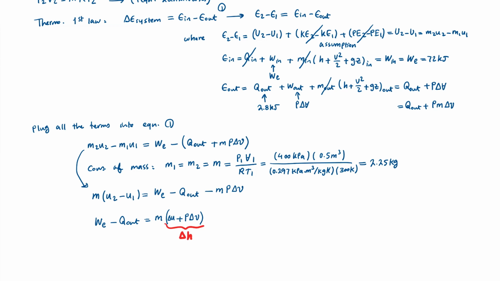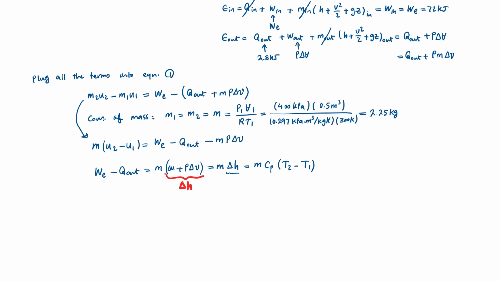So I'm going to have mass times delta H. Because we are dealing with an ideal gas, nitrogen is an ideal gas here, I know that delta H is equal to Cp times delta T, T2 minus T1.